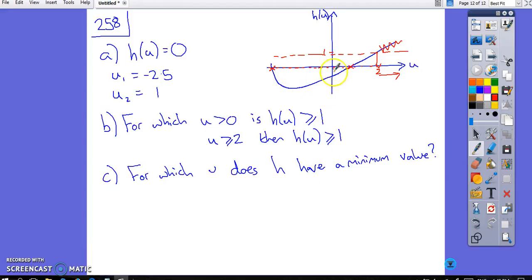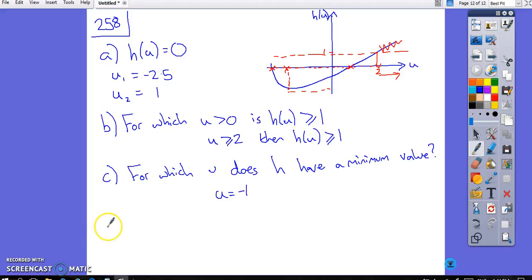Well, then we need to have a look at when h is minimal, and that's at this kind of point here. So we need to go up to have a look at where that is. And I make it to be about negative 1. Again, it's difficult to see, but I'm going to say u is equal to negative 1. Later on, we'll learn how to find this by calculation in a couple of years' time. Okay, so that's 258 done.